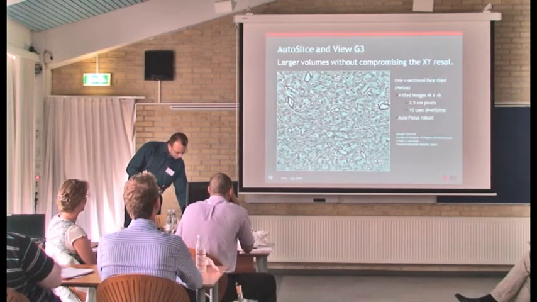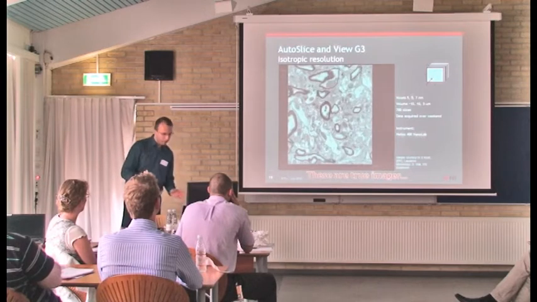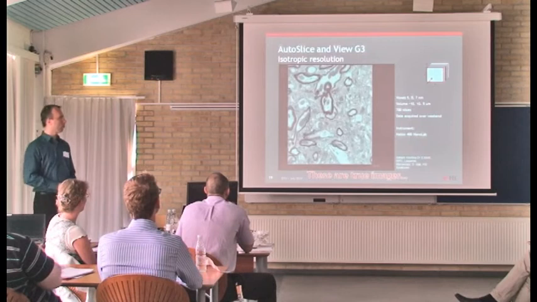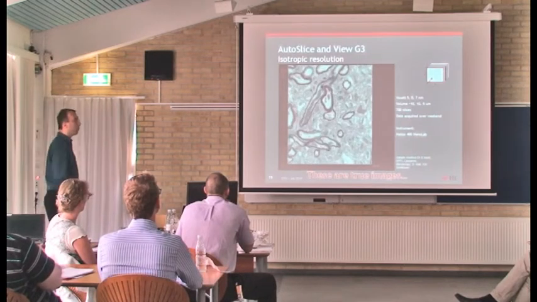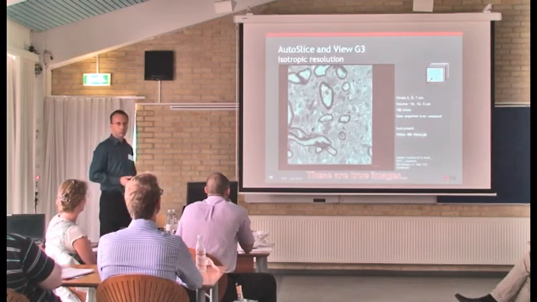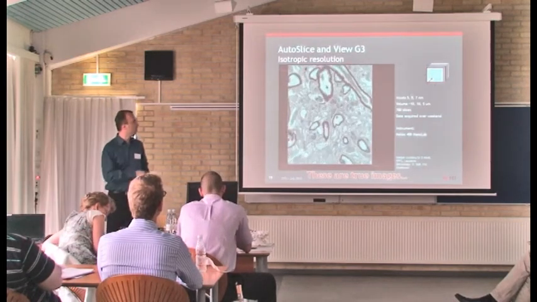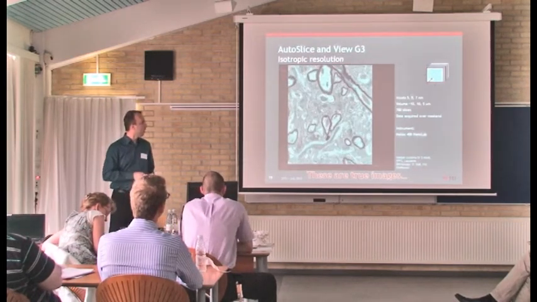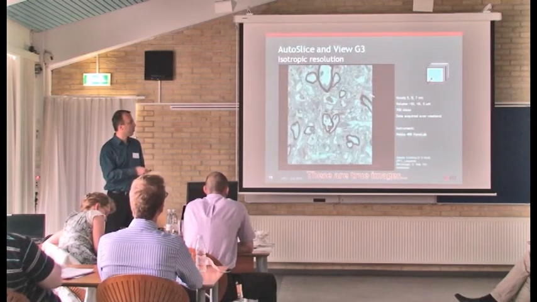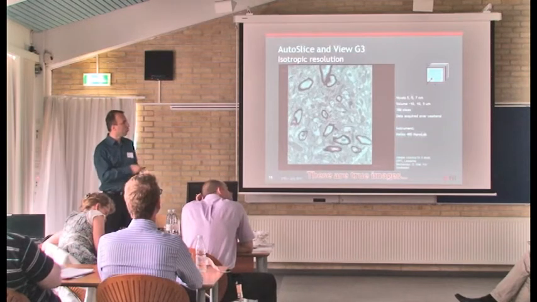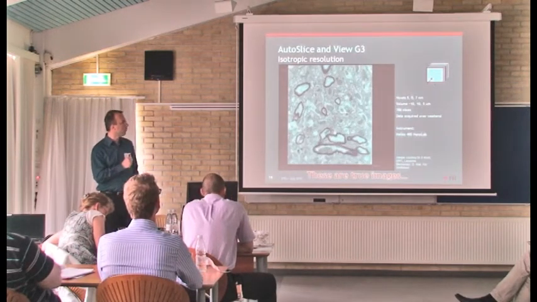Just for the sake of time, I will skip directly to the last part, which is going to isotropic resolution. Making use of the different techniques that I've just shown, it is now quite possible to get data sets with small, quasi-isotropic voxel size and pretty reasonable dimensions.